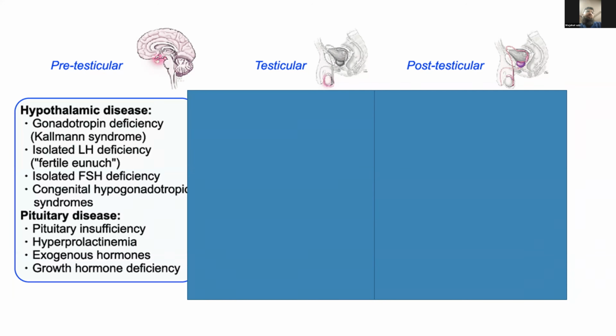But do be aware that all these conditions would not be readily visible even on an MRI pituitary. Say, for example, Kallmann syndrome. Sometimes there would be an empty sella, but sometimes there would be no gross abnormality in the hypothalamus.